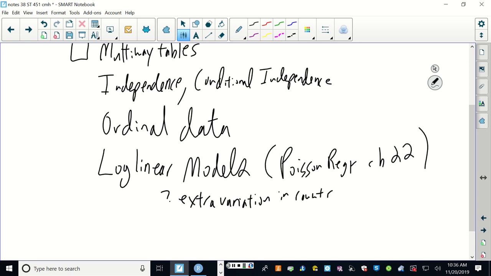Under some of these log linear models, which I've always found is kind of an interesting set of models to fit and think about how they're parameterized. So there's ways of estimating those things. In many data examples, there's a little bit of extra variation. In some things, there's extra zeros.